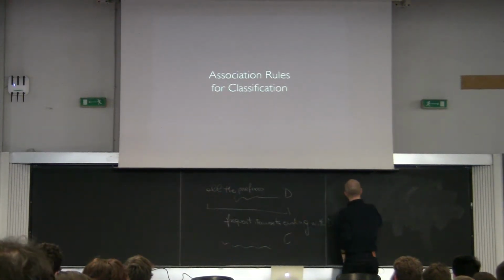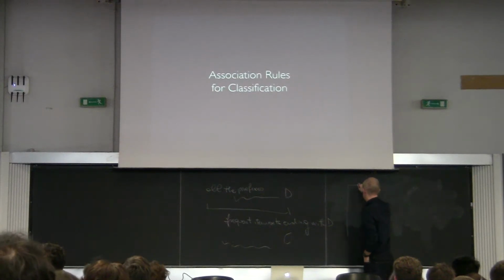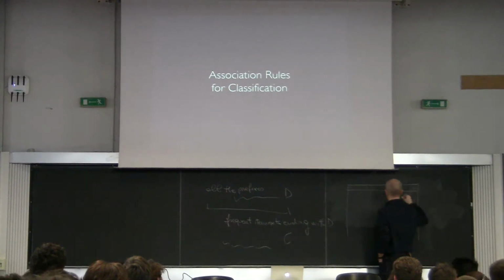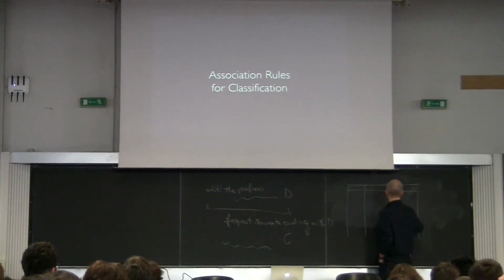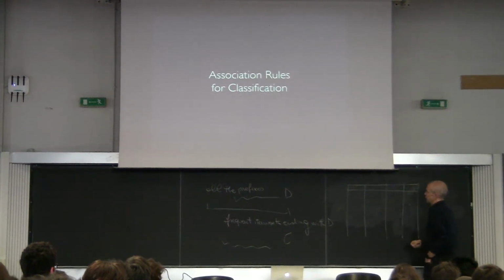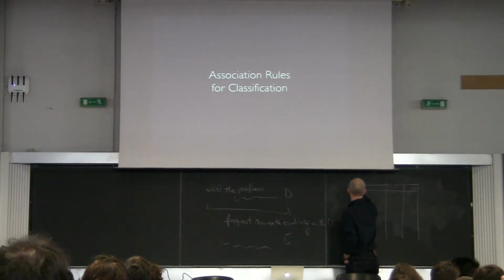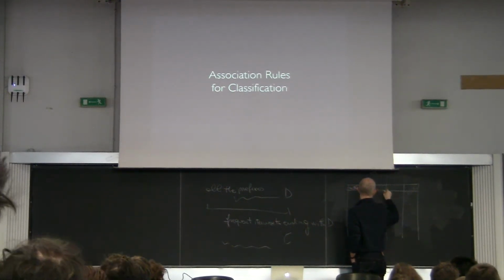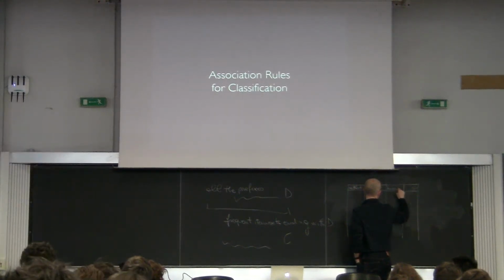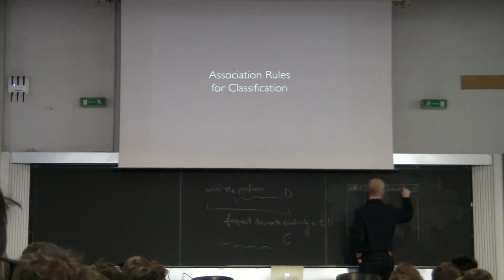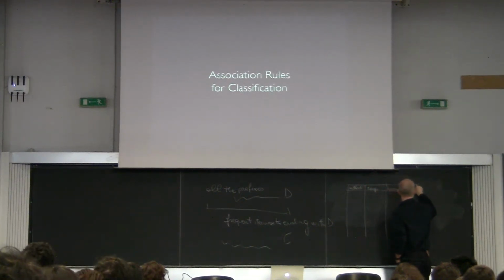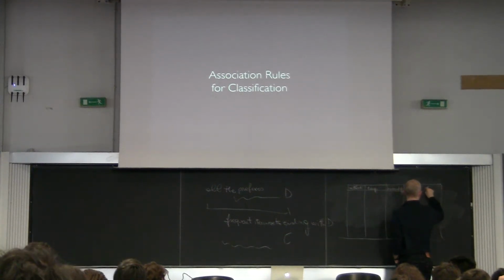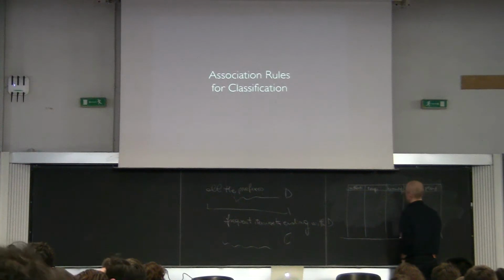You remember the weather data set? I showed it once, I think, but suppose that you have a data set for classification, okay? And your variables are outlook, temperature, humidity, wind, and then you have your special attribute, which is place, okay?